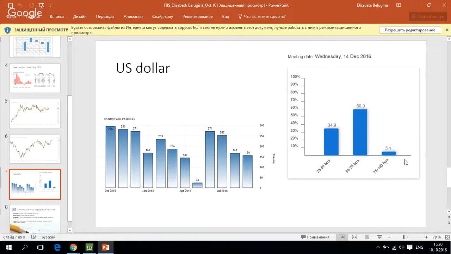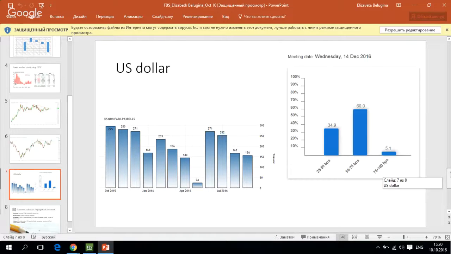In the near term, we probably will see different dynamics of the American currency versus different other currencies, and we'll discuss this in greater detail when we are looking at the price chart.